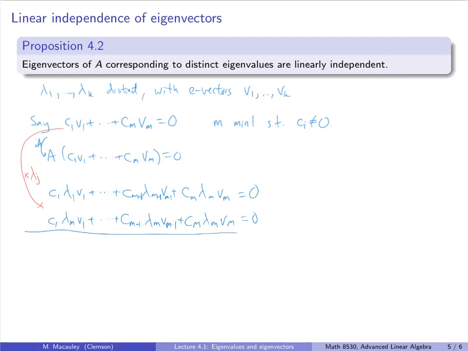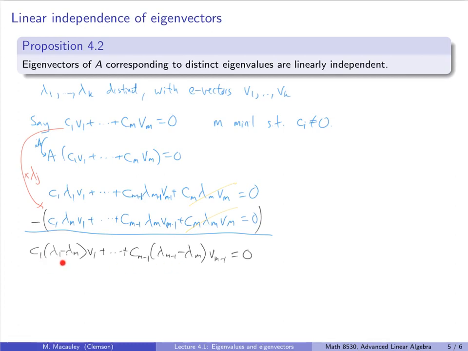And so let's now subtract this second thing from the first one. And what we get is c1 times lambda 1 minus lambda m times v1 plus up to cm minus 1 times lambda m minus 1 minus lambda m times v m minus 1. And notice that these two things right here cancel each other out. So now we have a smaller linear combination, by smaller, I mean with m minus 1 terms, that is 0.